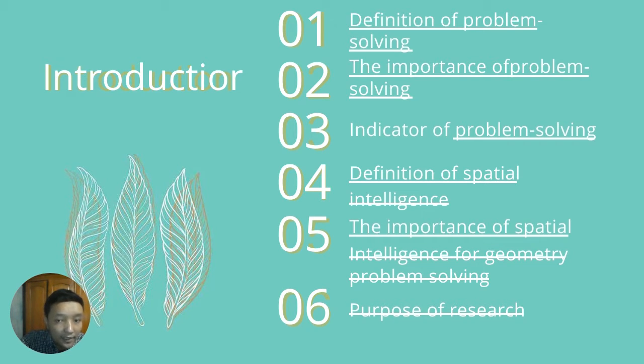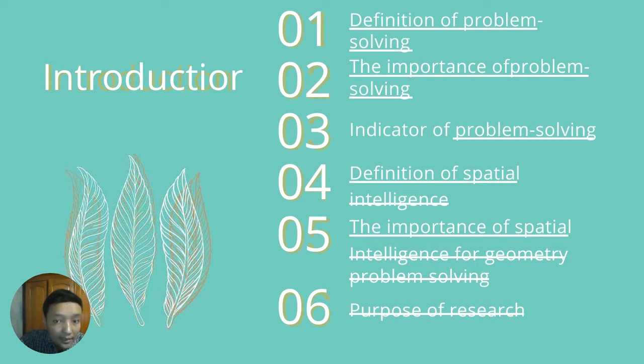And point 3, indicators of problem solving: understanding the problem, creating a completion plan, implementing the plan, and summing up the answer.